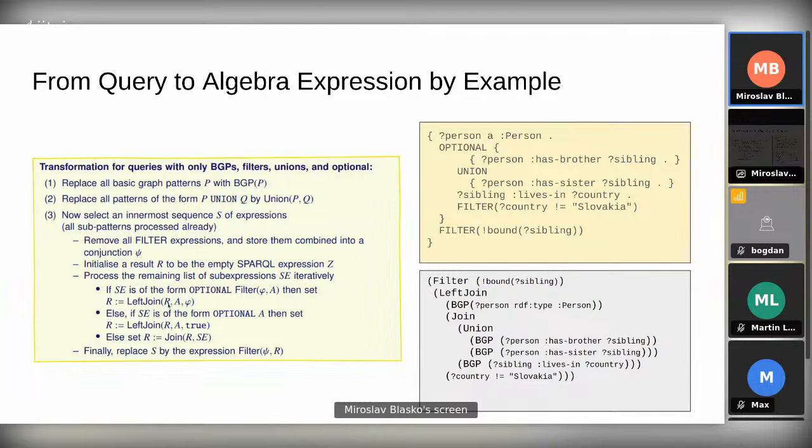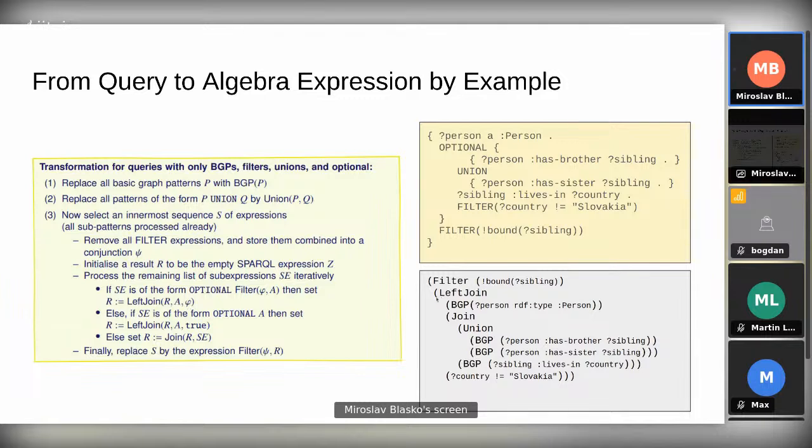So again, you put this basic pattern here. This is this R. Then you put whatever is in the optional pattern beside filters, and you put the conditions from the filters here.